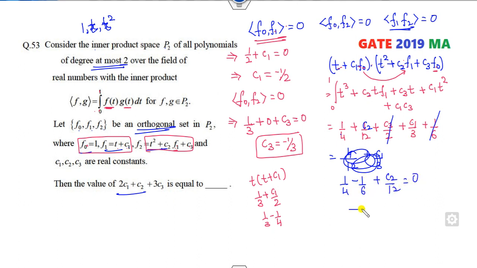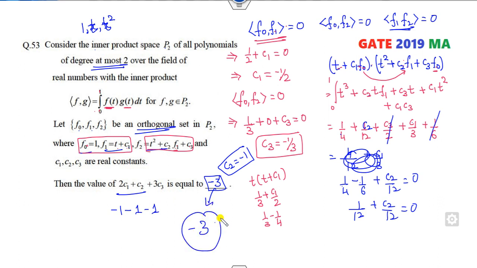So what is that? 12 is the LCM. 3 minus 2 is 1, plus c2 over 12 is 0. So c2 is minus 1. I can substitute here 2c1 minus 1 minus 1 minus 1. The right answer of this problem is minus 3.